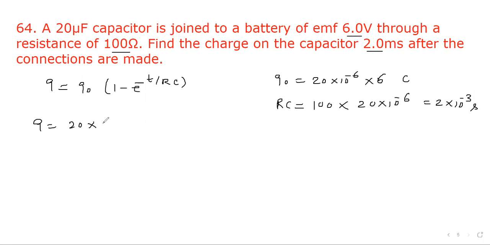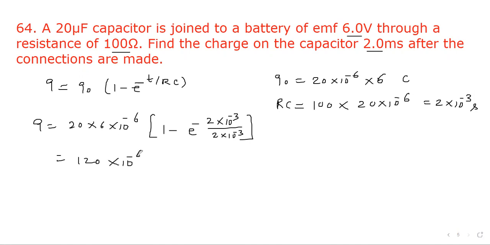Q0 is 20 into 6 into 10 to the power minus 6, into 1 minus e to the power minus t. T is given as 2 into 10 to the power minus 3 divided by 2 into 10 to the power minus 3. So this is 120 into 10 to the power minus 6 into 1 minus e to the power minus 1.